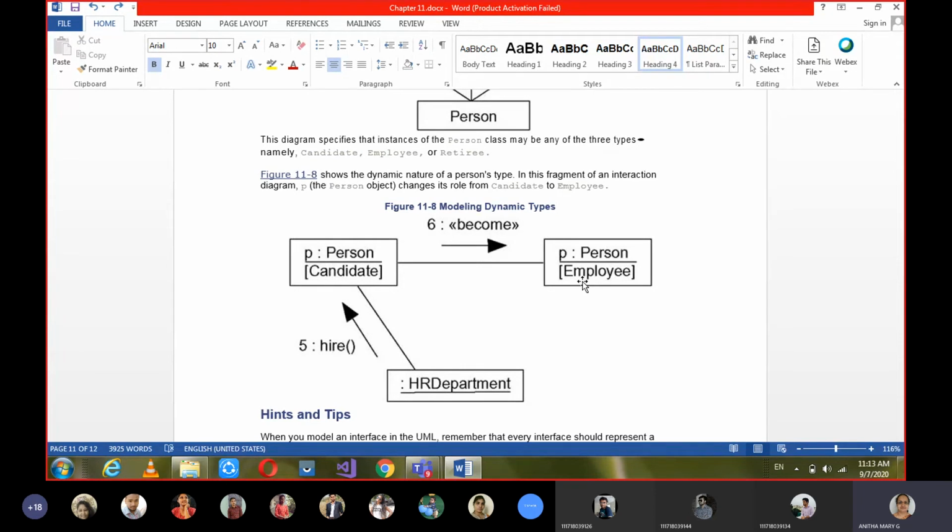Sir, P:(person). hires a candidate, it becomes employment. That is showing here. No, that is clear. From the picture we can talk, but I want to know what is that basic building block here. What is this thing called? Say P:(person) underline. What is it?